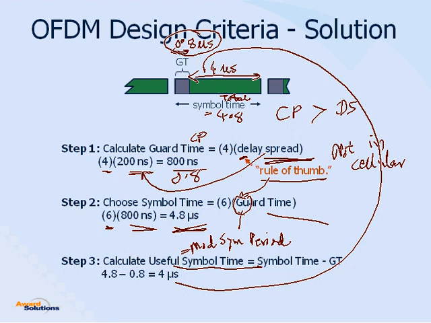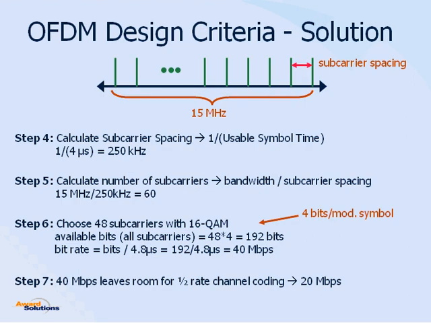Now we know the relationship between subcarrier spacing and the symbol time. Remember we had that poll question. So subcarrier spacing is 1 divided by the useful symbol time, which is the modulation symbol period. 1 divided by 4 microseconds will give you 250 kilohertz. So that would be your subcarrier spacing.